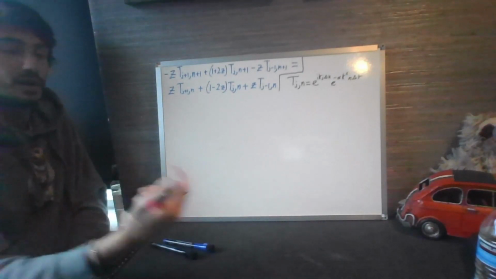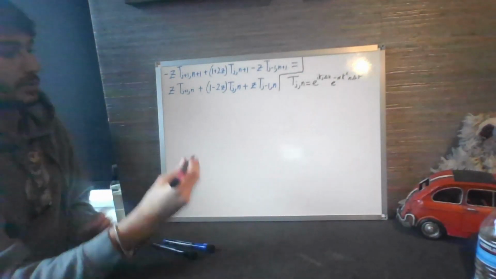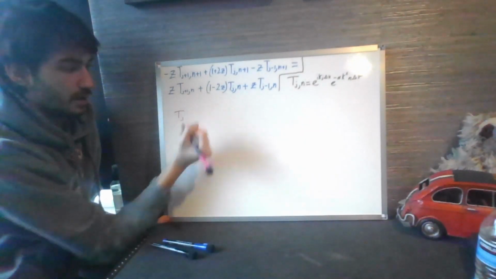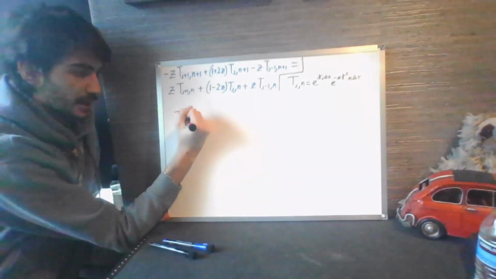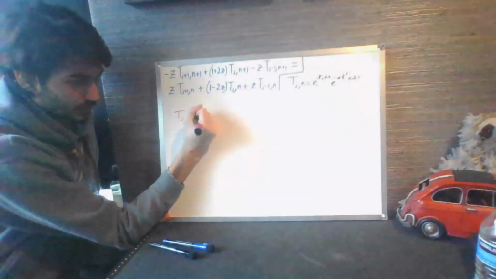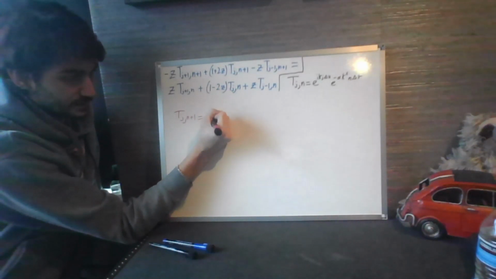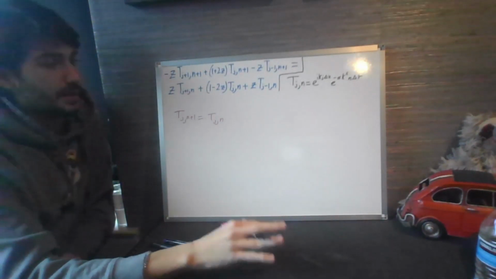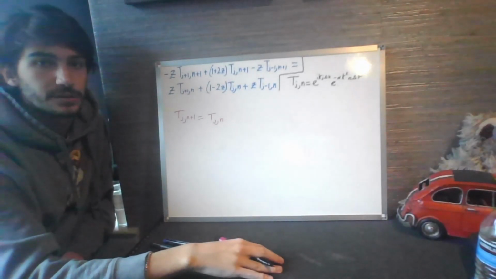What you may recall from the previous von Neumann stability analysis is that we want to compare the temperature at a specific increment at the following time increment to how it relates to the temperature at that increment at the previous time step, right?